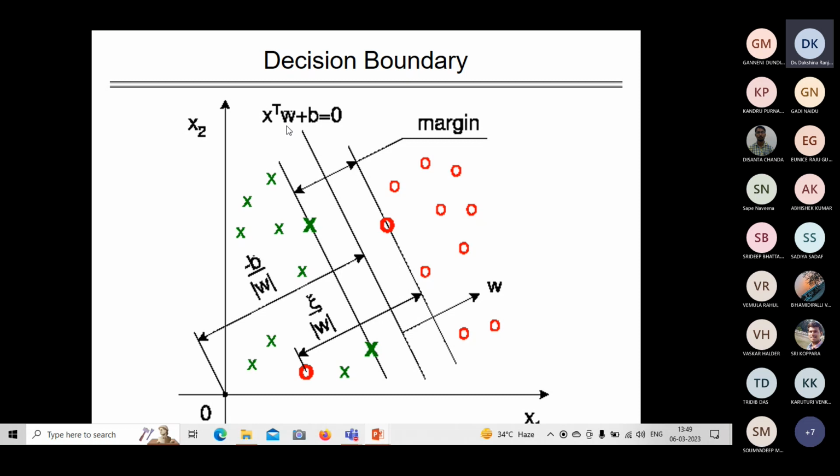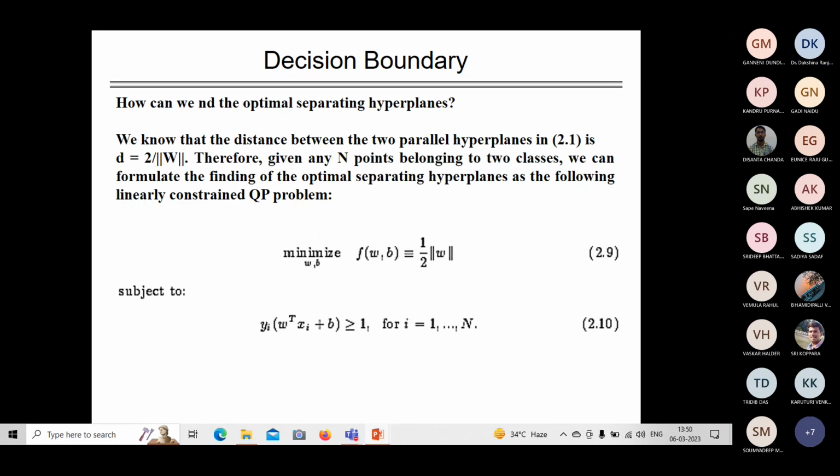W is the coefficient of x, and the other coefficient is found to be 0, so in the denominator we will get root under W square, which means mod of W. So the distance between the two parallel hyperplanes is found to be d equals 2 by mod of w.